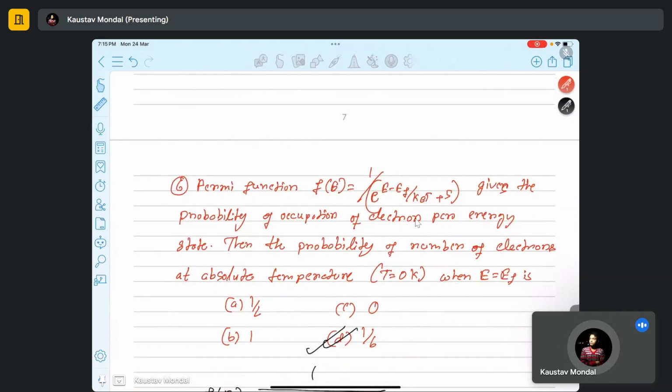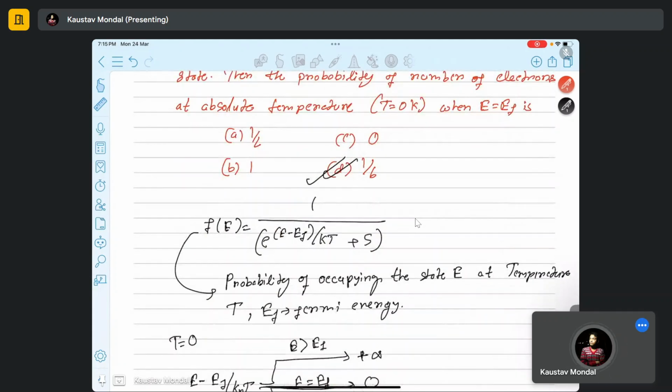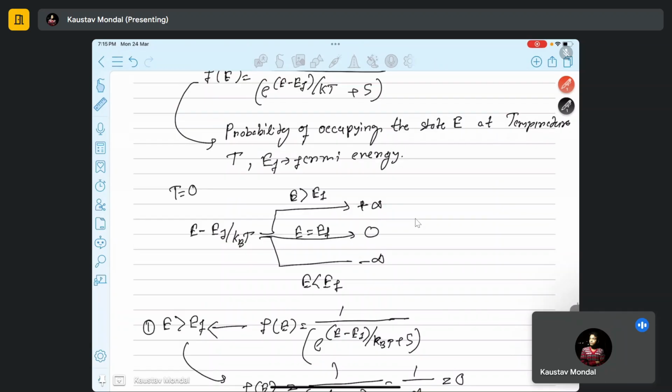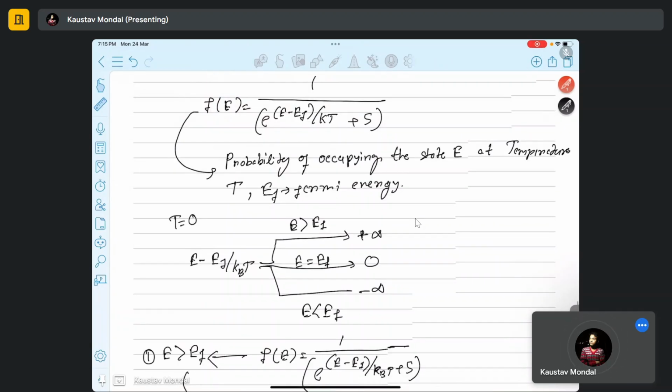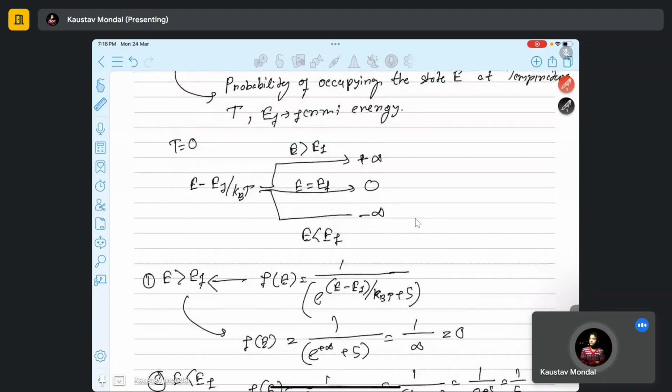I hope all of you understood how to solve this problem. The main thing is this distribution function is a bit different from the actual Fermi-Dirac distribution function. Here F is basically equal to 1 by e to the power E minus EF by kBT plus 5, and that makes the problem a bit different. First, for different cases, we calculated E minus EF by kBT.